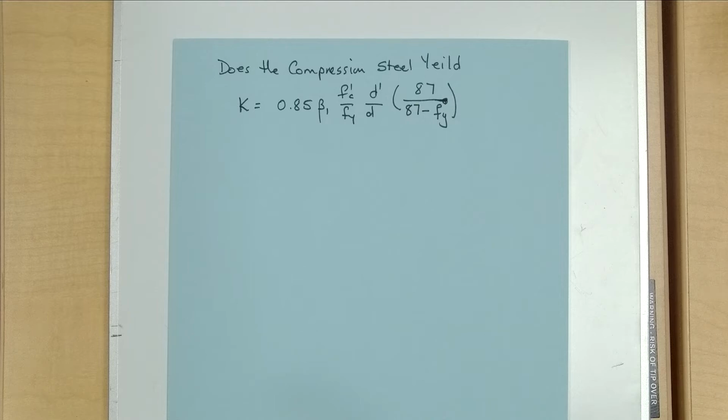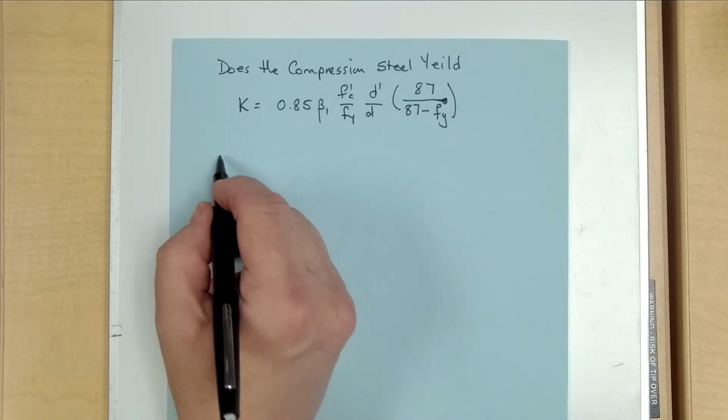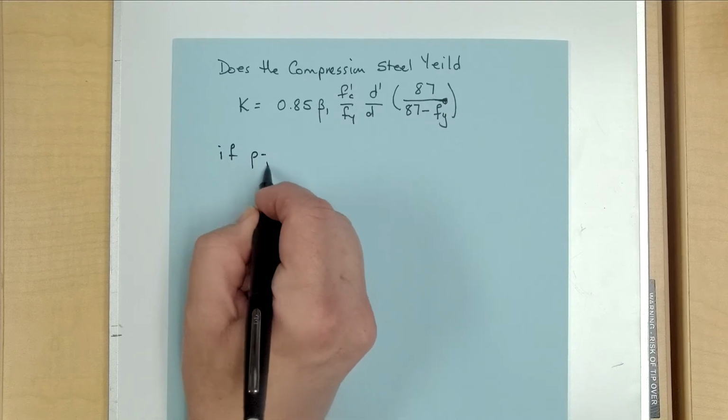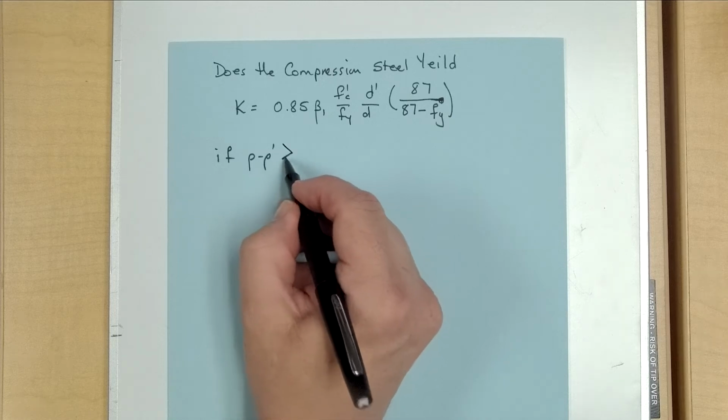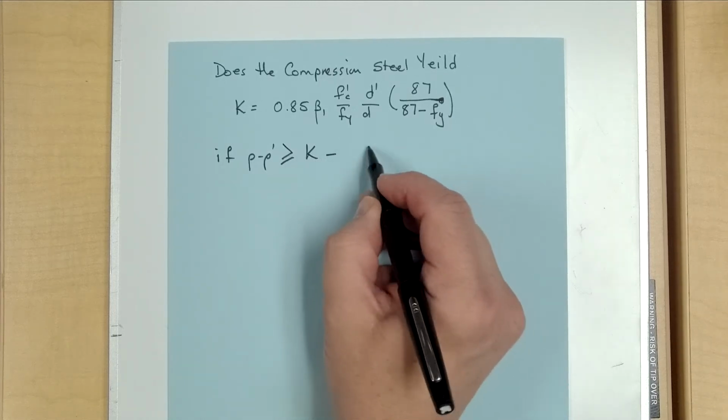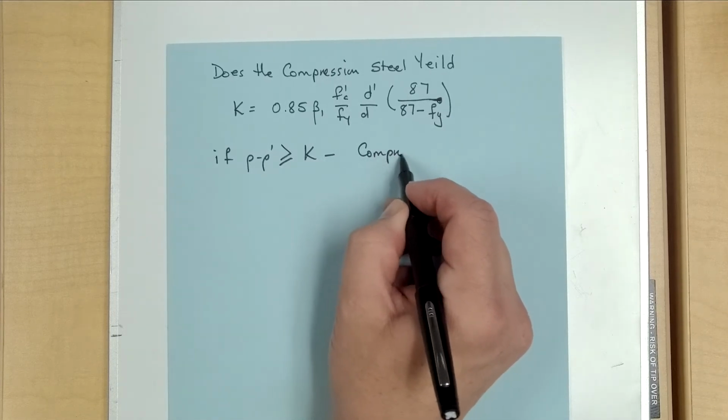And then we check. If rho minus rho prime is greater than or equal to K, then the compression steel yields.